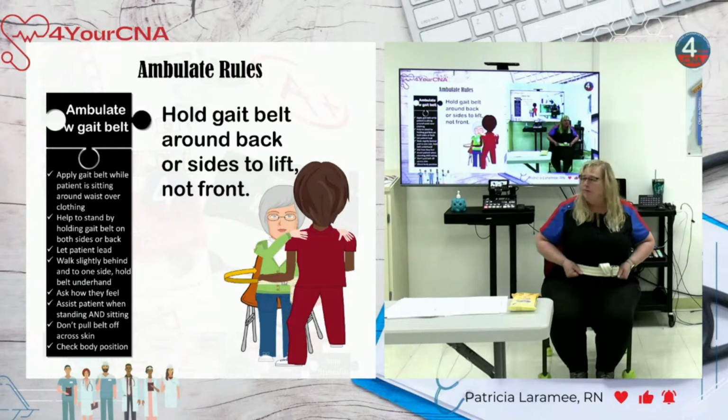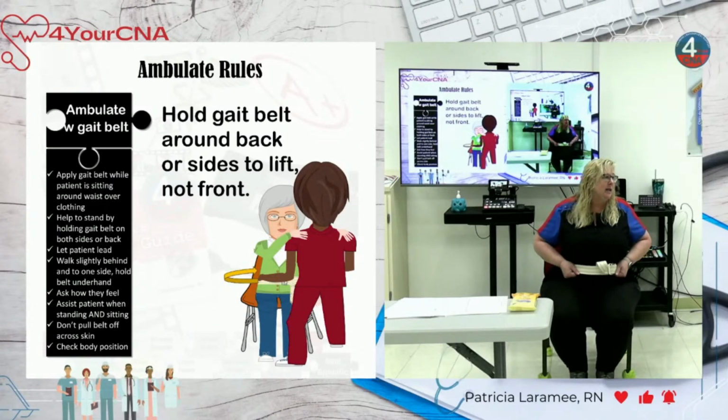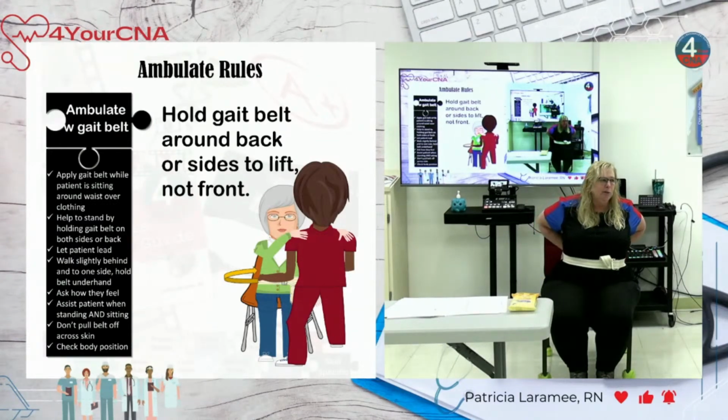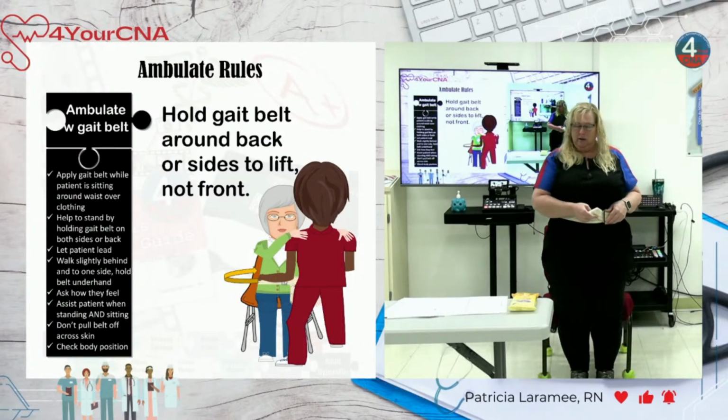That's going to take more force on your part, result in injuries to the patient, and it's not going to be comfortable either. Your hands need to be at least on the sides if they're a bigger person, or more toward the back if they're a smaller person. So you're lifting where the body weight is. Super important that we get our hand placement right. Never in the front.